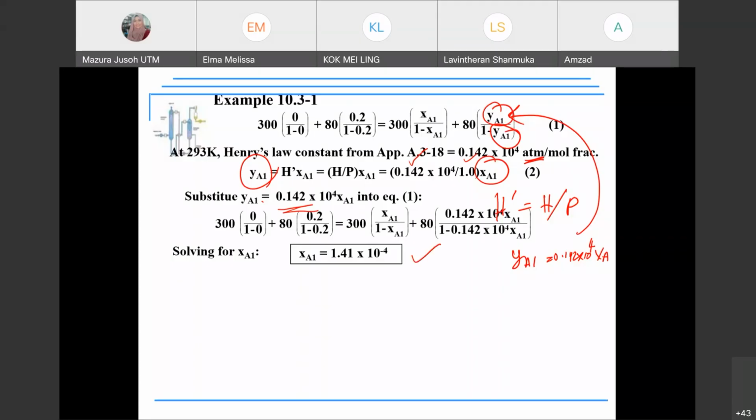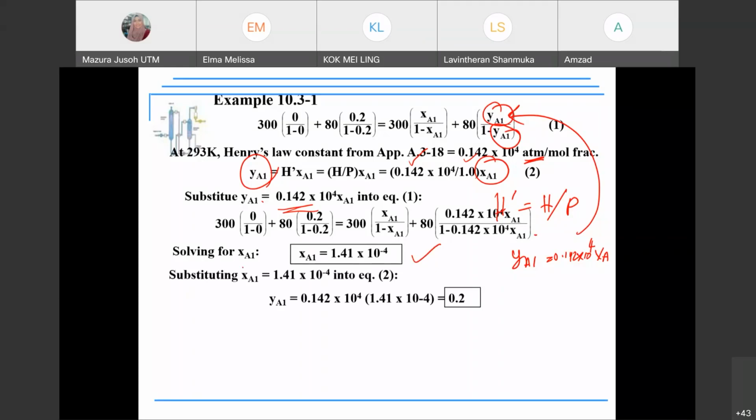So finally, you'll be able to calculate x_A1. So you see, from the Henry's law correlation, you will be able to solve that equation. So that's why Henry's law is very handy for you to use.